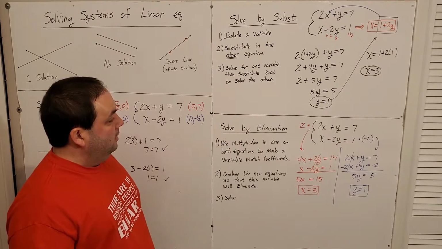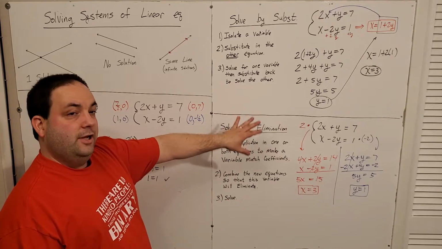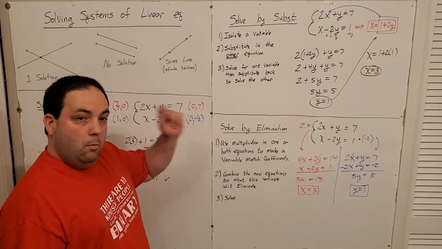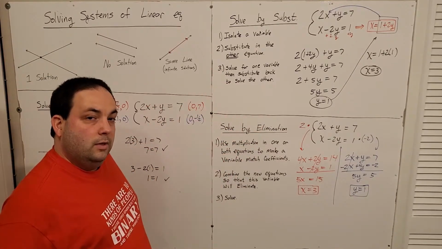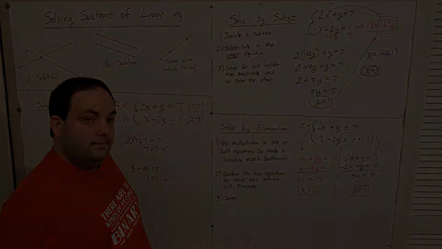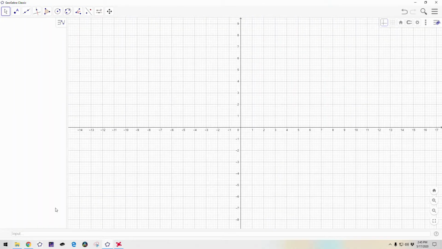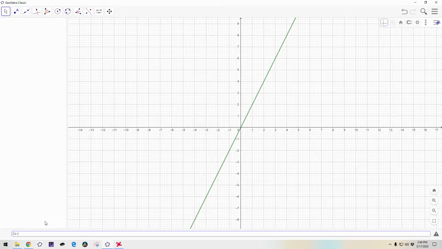Take a quick look at what this looks like in GeoGebra, and then we'll do more examples of these two algebraic methods. Even though you've already seen it graphed, I just wanted to display it officially on a much better grid than the one I provided on the board. So the first equation was 2x plus y equals 7.